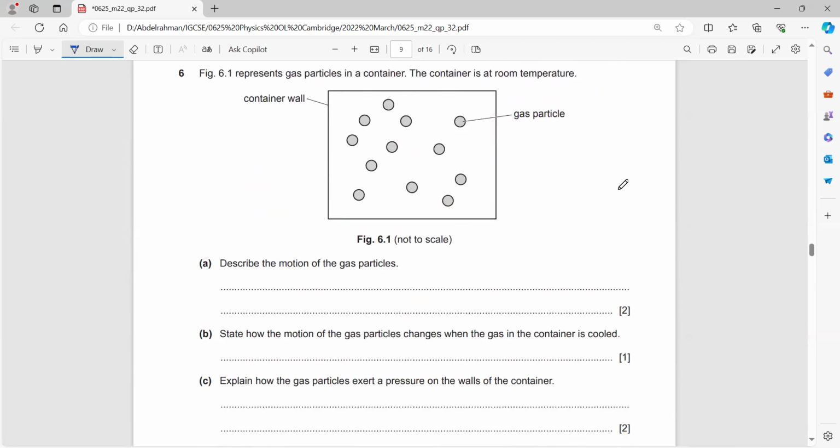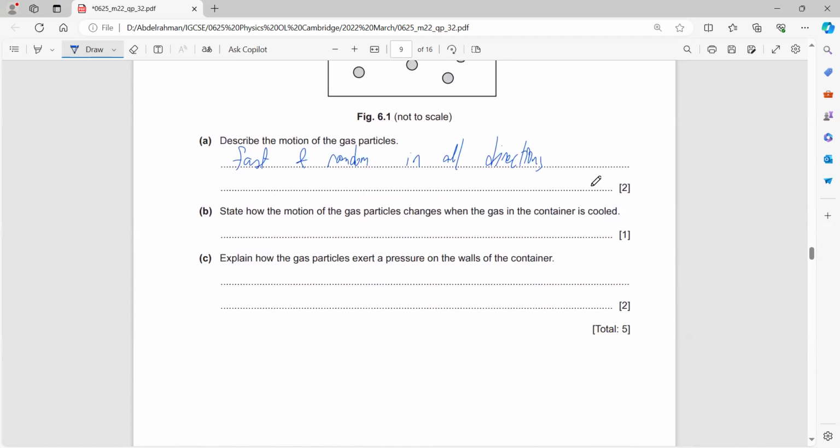Describe the motion of the gas particles. Move fast and freely. Fast and random in all directions. State how the motion of the gas particles changes when the gas container is cooled.